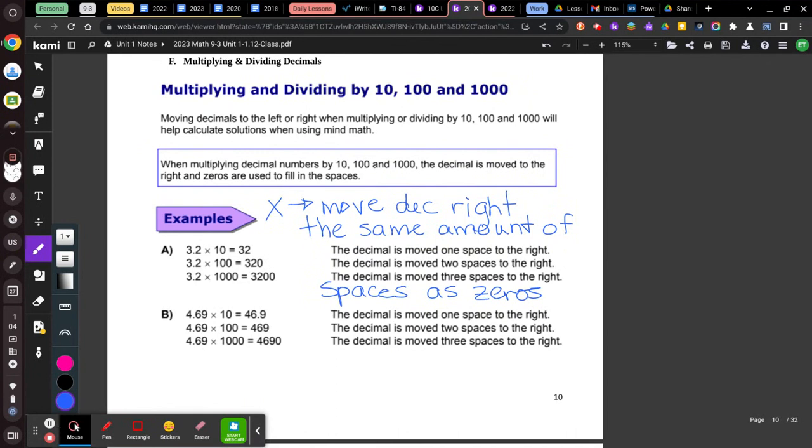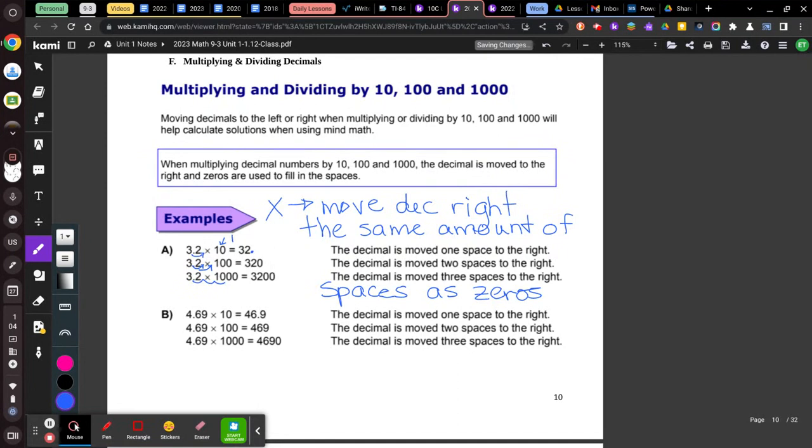So when we move them according to the zeros, here I have 1 zero. I'm moving my decimal to the right one place. My decimal will hide on the right. The next one I have 2 zeros, so I'm going to move my decimal 2 places to the right. So then I will have 1 0 at the end. 3 zeros, I move my decimal 3 times.